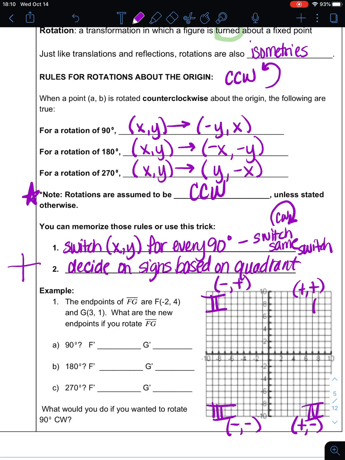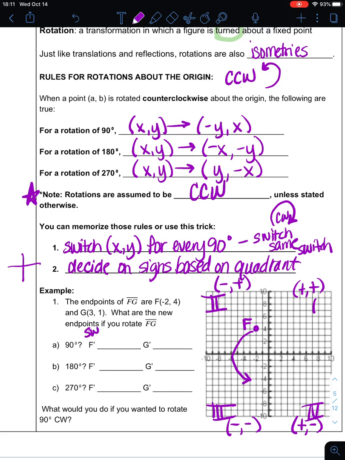Okay, so we're going to go 90 degrees. So first, we're going to start, notice that F is negative 2, 4. Now I'm going to graph it accurately, but really all I care about is that it is in quadrant 2. So if I'm going to rotate F 90 degrees, then I'm going to rotate from quadrant 2 into quadrant 3. For every 90 degrees, I'm going to switch.